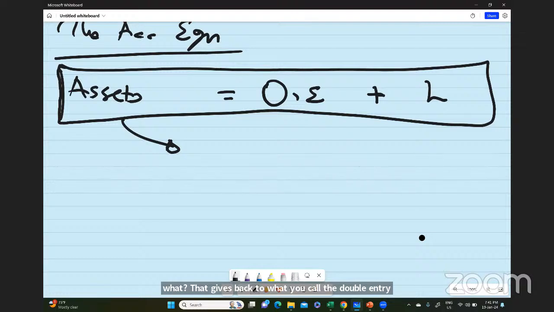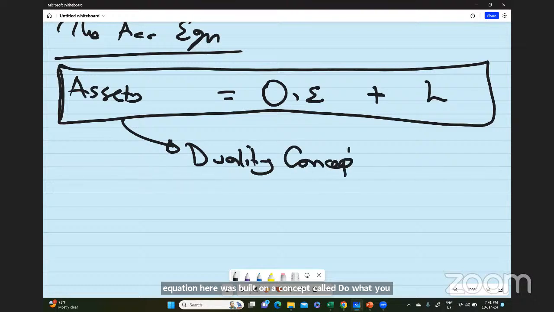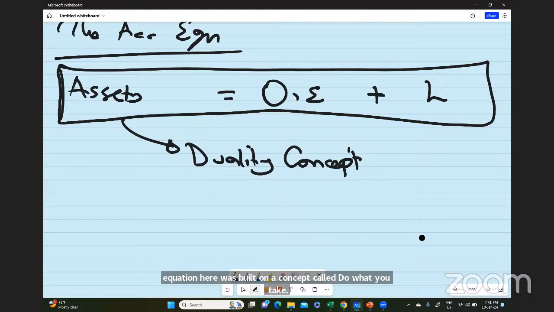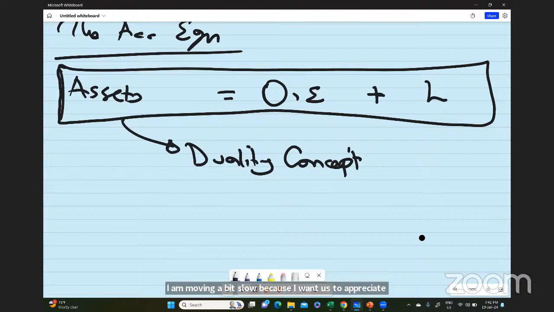But before we go there, this equation here was built on a concept called duality. I am moving a bit slow because I want us to appreciate this from the grassroots, from the foundation. That equation was built from a concept called duality.